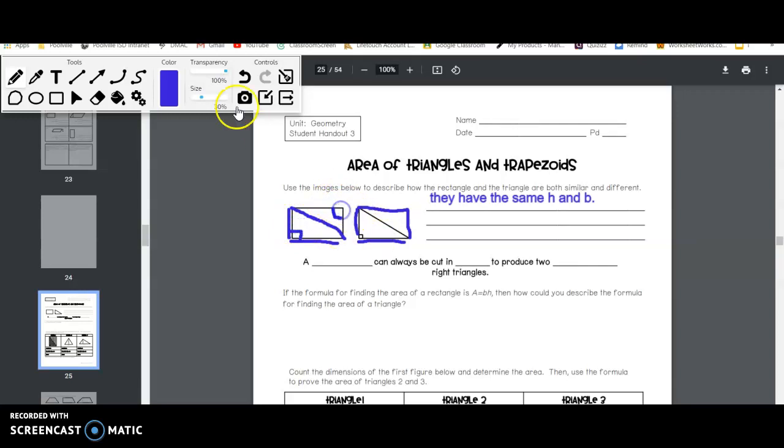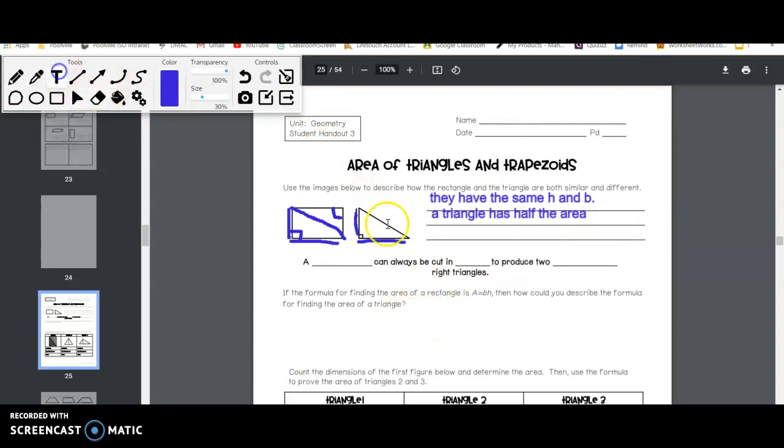So the similarities: they have the same base and height. The difference is a triangle has half the area because a triangle is literally half a rectangle.